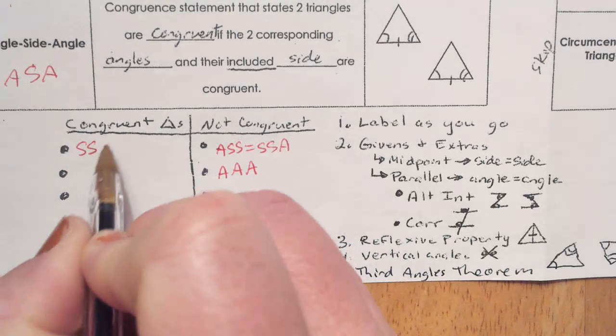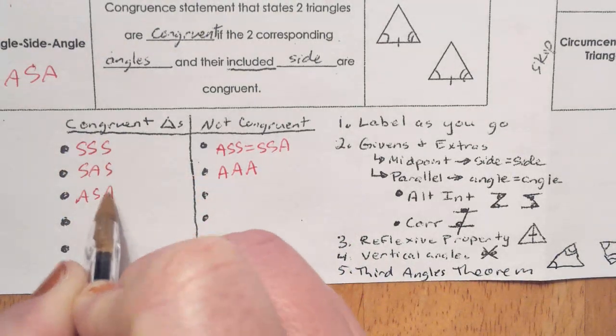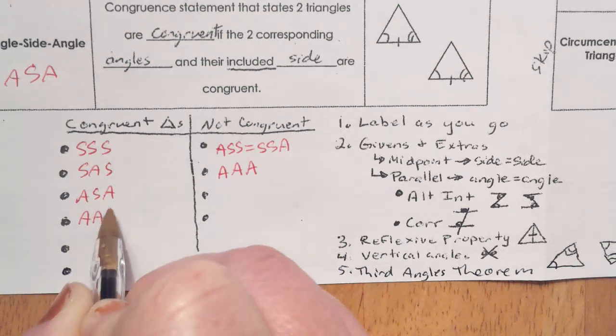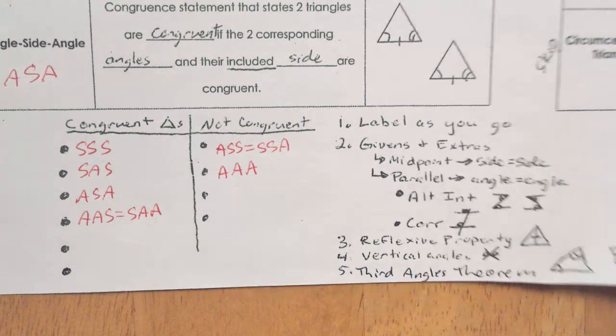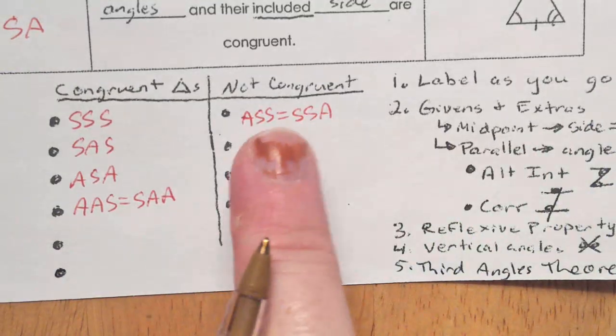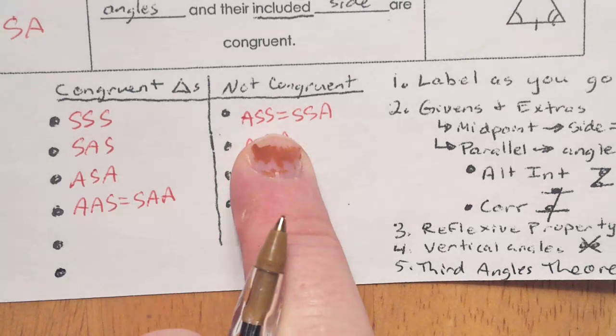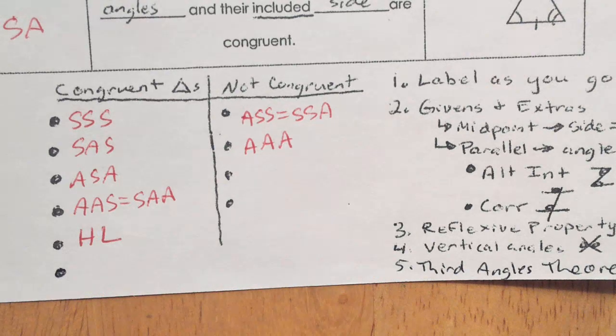So side, side, side, so SSS, SAS, ASA, and AAS or SAA. So every other combination is good. Now, the only time that you can have an ass is if you have a leg, hypotenuse leg. That's kind of funny, right?